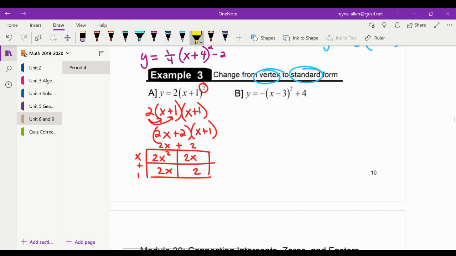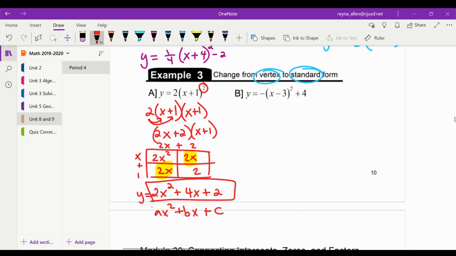We combine like terms. So 2x squared plus 4x plus 2. Now that is in standard form. That is ax squared plus bx plus c. Oh, and I forgot my y at the front.